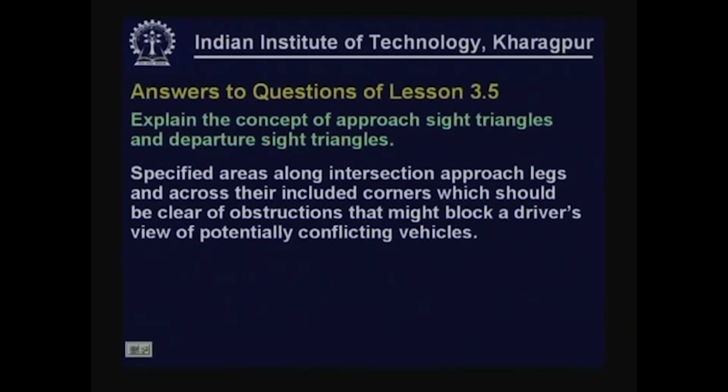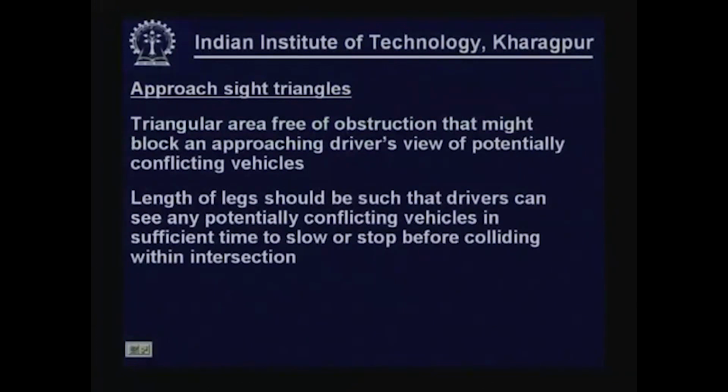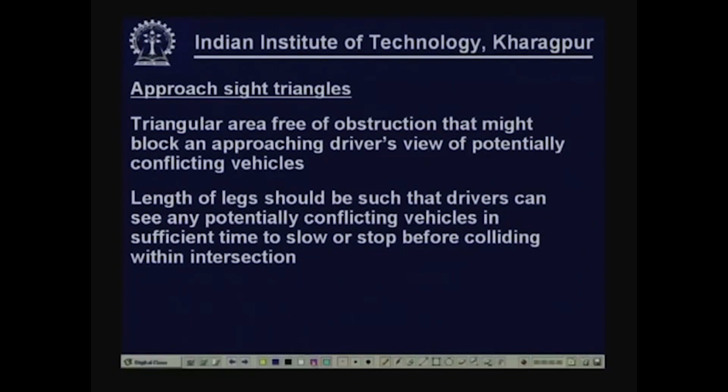So, we have a major road and a minor road. What is the triangular area that should be free from obstruction? That is the side triangle. Now, approach side triangle is the triangular area free of obstruction that might block an approaching driver's view, that means a vehicle in motion, of potentially conflicting vehicles.